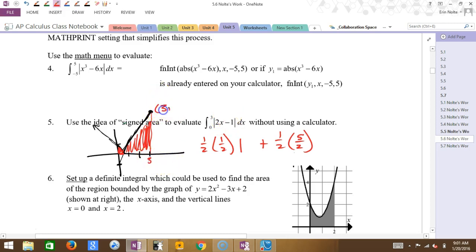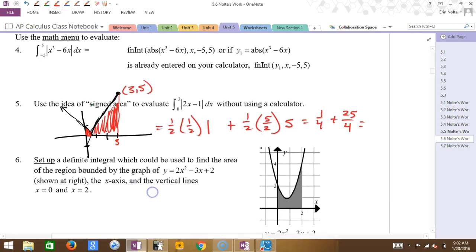So this point up here is (3, 5). Now I know the height of my triangle is 5. If I simplify that, I get 1/4 plus 25/4, which is 26/4, which can be reduced to 13/2, or you might call that 6.5. So either of those two scenarios.